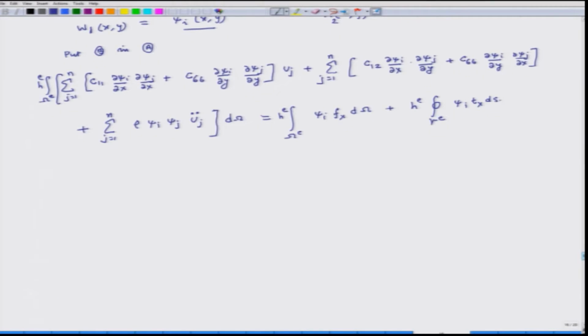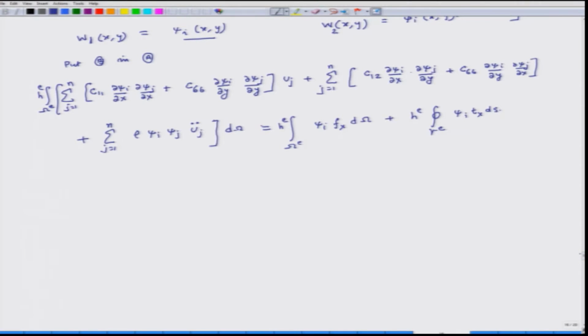We have to be a little careful because there are lots of terms and we have to do the bookkeeping correctly. Now, this term involves uj, this entire integral is multiplied by uj.